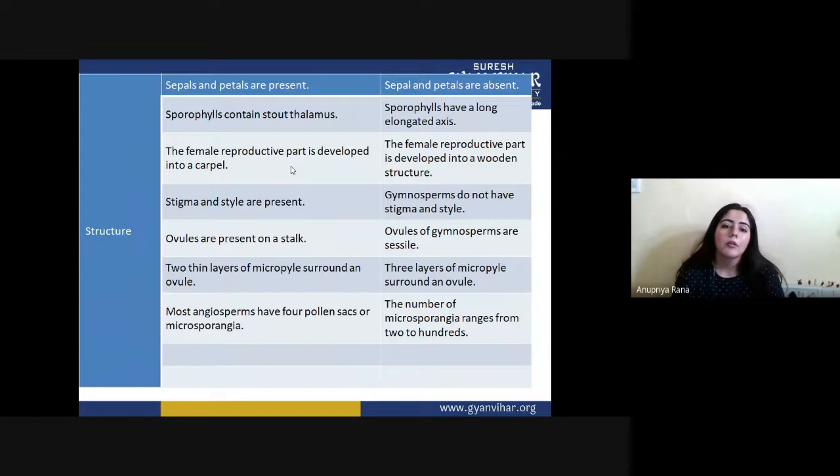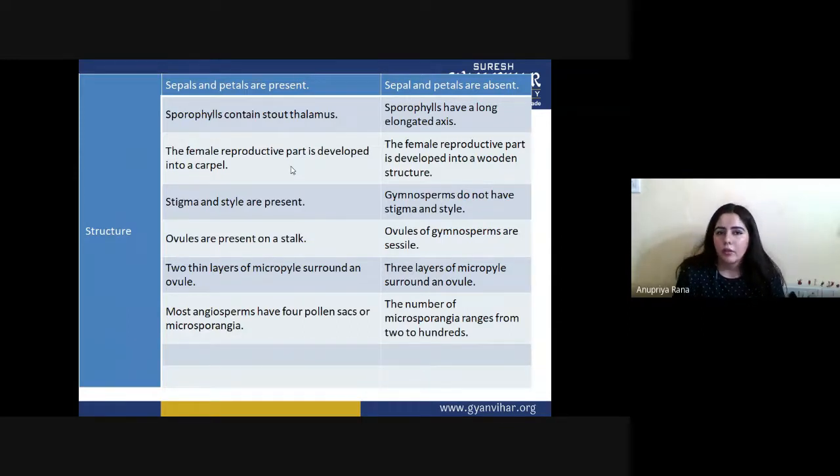In angiosperms, the female reproductive part is developed into the carpel, while in gymnosperms the female reproductive part is developed into a wooden structure. The carpel is a soft structure. In simple language, the female reproductive part develops in a soft structure known as the carpel, while in gymnosperms it has to develop inside a wooden structure.